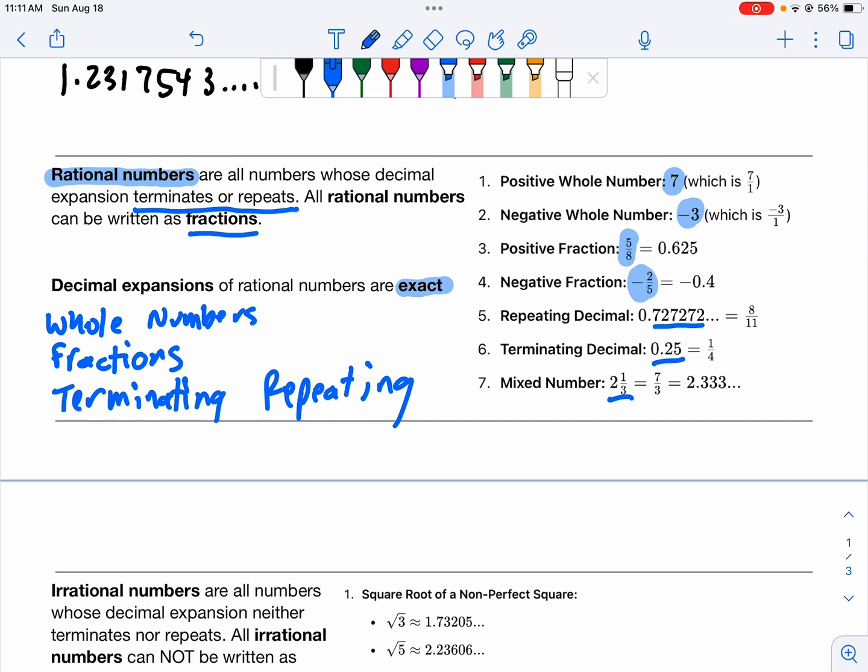Okay? So whole numbers, fractions, remember it's also positive or negative whole numbers. Fractions, terminating or repeating decimals. Those 4 types of numbers will be rational.